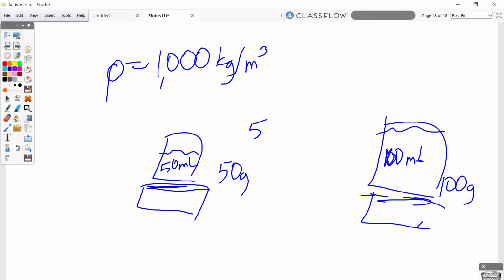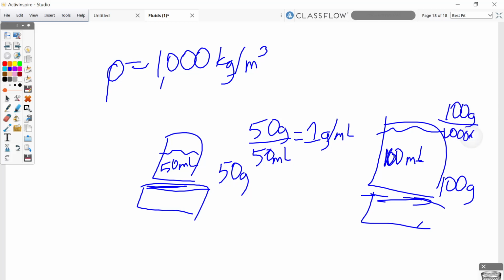So when you do the mass divided by the volume, we get 1. When we do the mass divided by the volume of water, we're always going to get 1, okay?